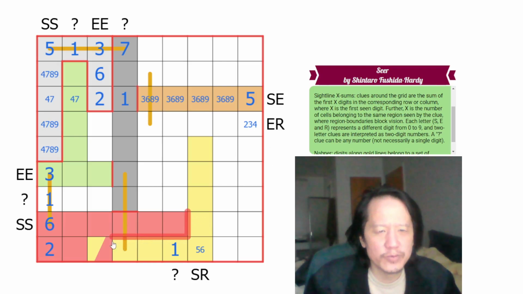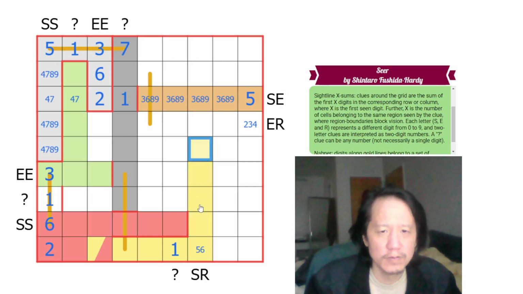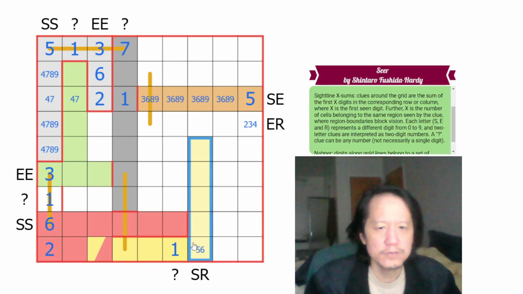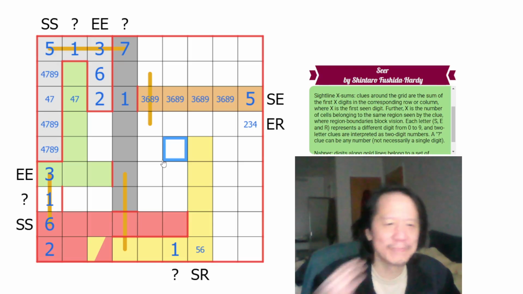This is all a border. We also know this is a border here.